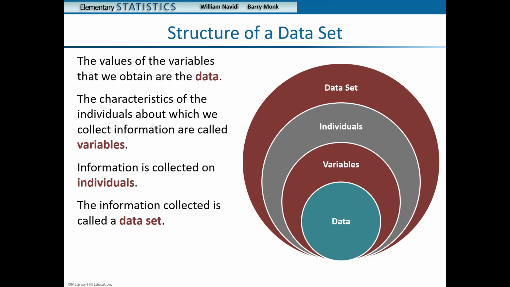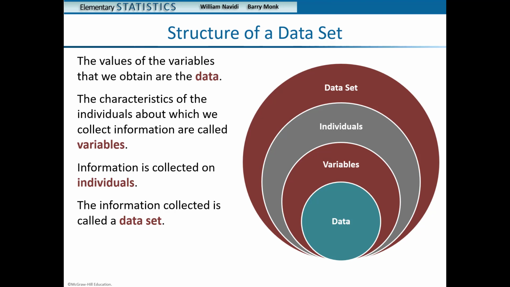So if the individuals in our sample are people, then the variables might be things like age, or they could be things like gender. If the population is, say, a population of college students, then a variable could be like class standing of freshman, sophomore, junior, senior.